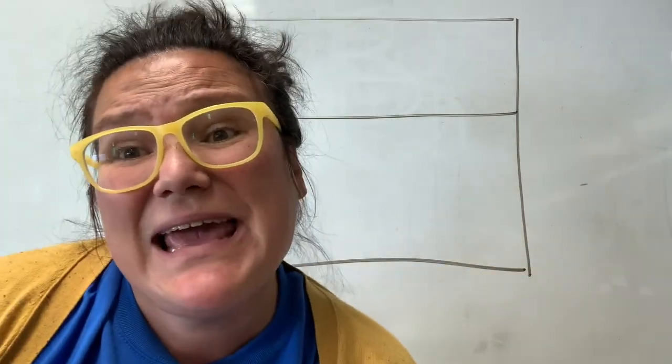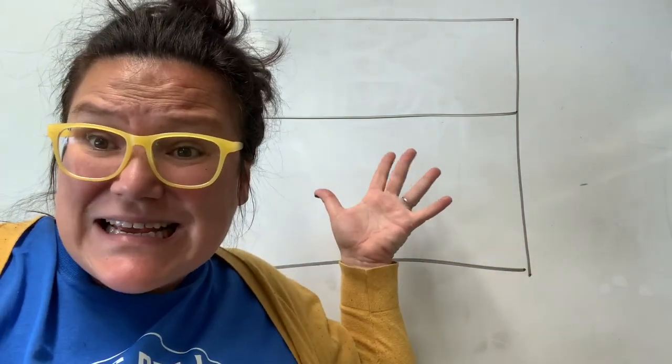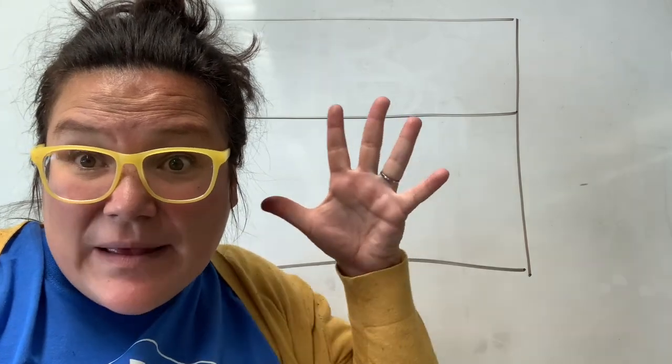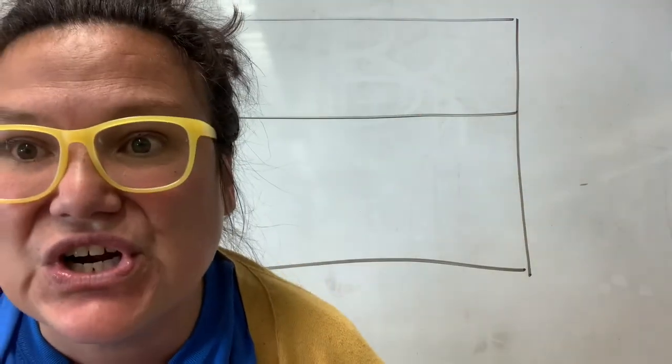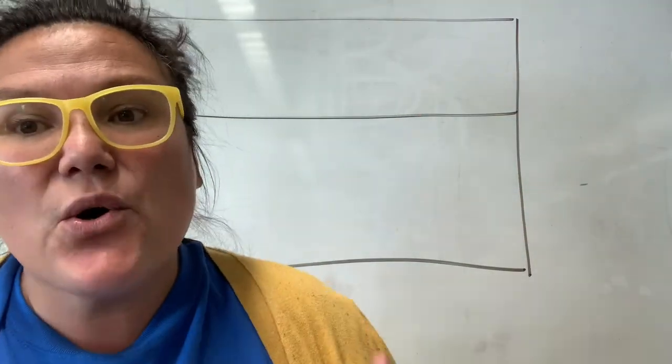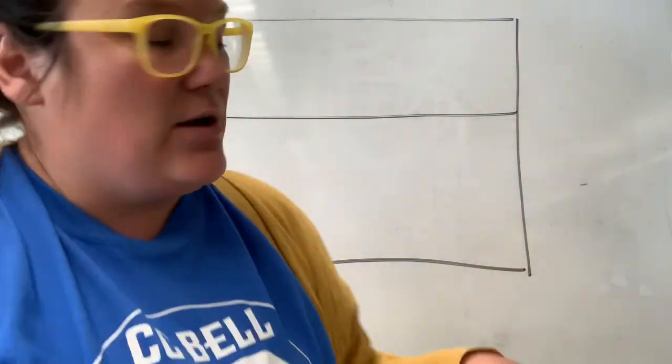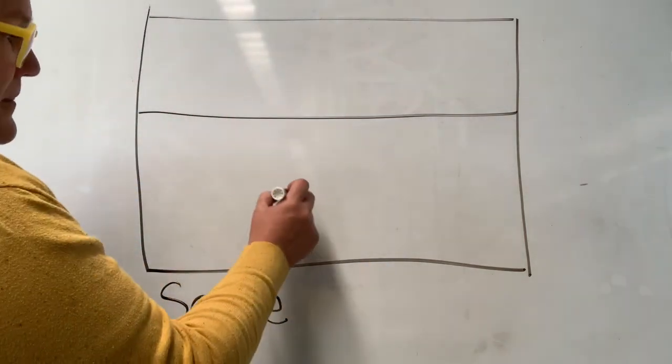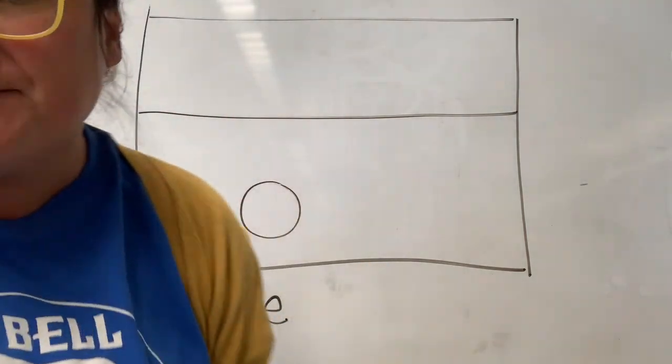I can do it on my camera. Look at how little my hand is. Now my hand is enormous and it's coming to attack you because it is closer to my camera. So if I had that soccer ball and it was right up here by my foot, it might look like this.